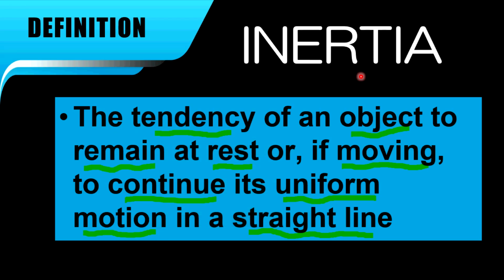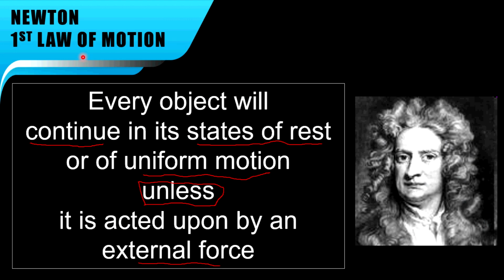What is inertia? Inertia is the tendency of an object to remain at rest or, if moving, to continue its uniform motion in a straight line. Inertia relates to Newton's first law of motion. There are three Newton's laws of motion, and this is the first one.